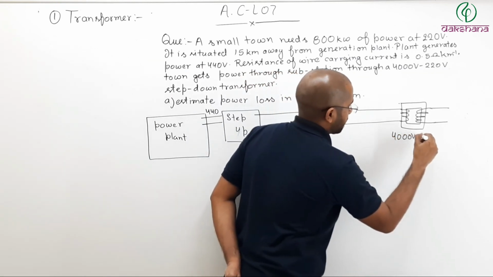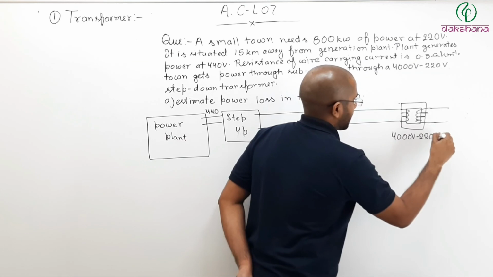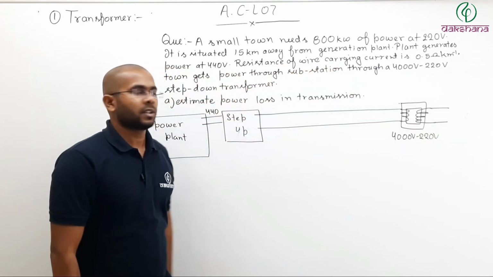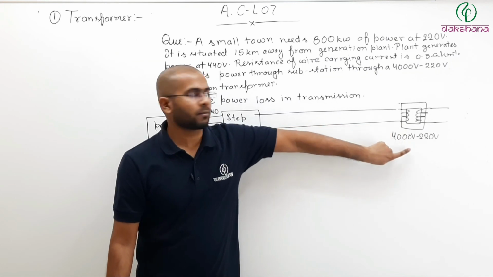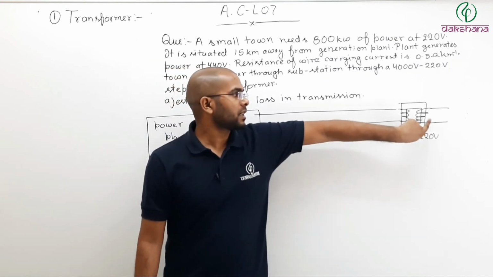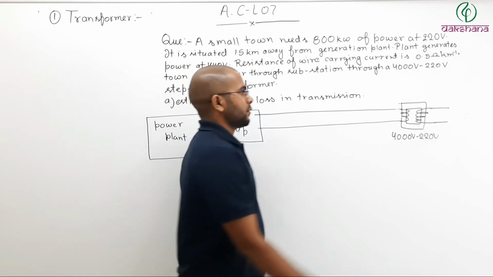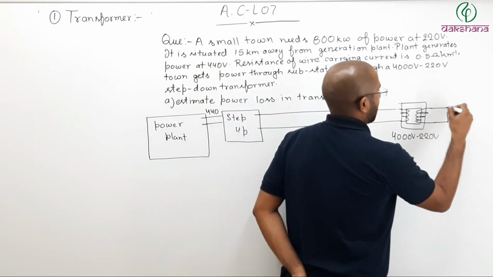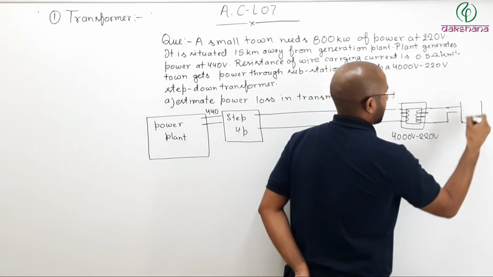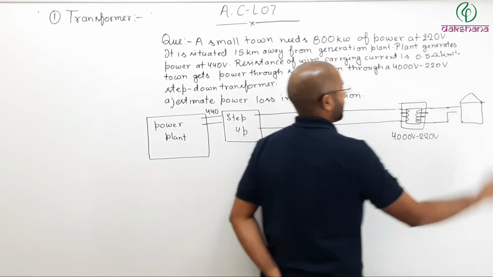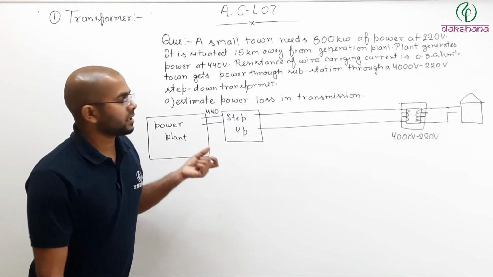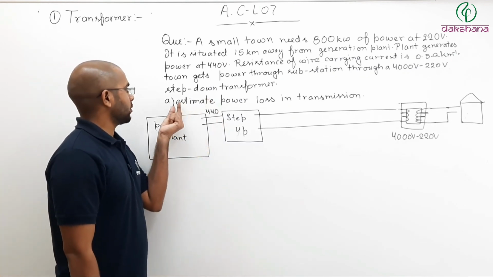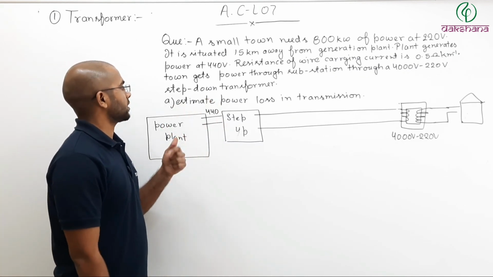It is 4000 volt to 220 volt, meaning the primary voltage of this step down transformer is 4000 volt, the secondary voltage is 220, and from here power can go to your houses. Now what they are asking, there are multiple questions. I have written only one here. We will see the others later.